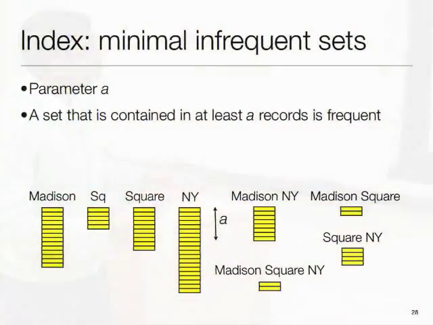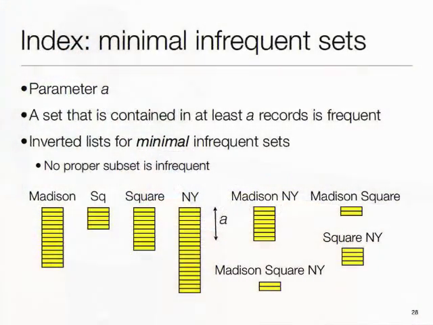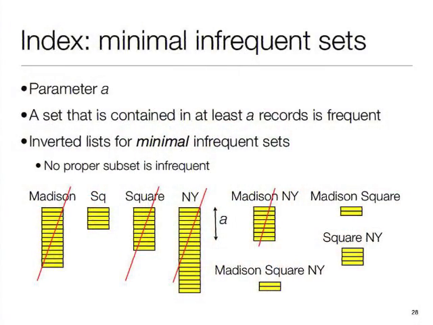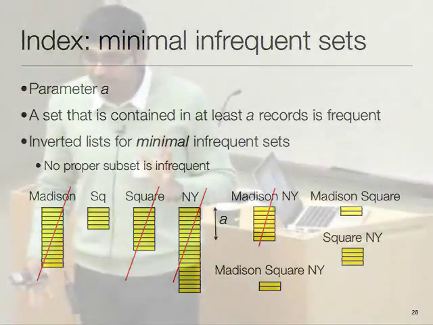We are going to be smart about that. So we'll have a parameter A, a frequency threshold, which says that any list longer than size A is too frequent, which we will not index. So we'll not index long lists, which are longer than this parameter A. We'll only index lists smaller than A.